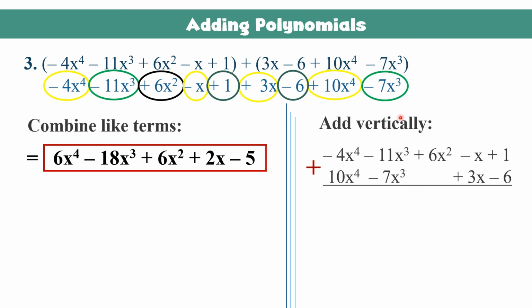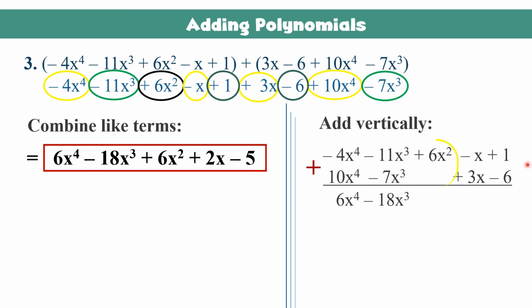Okay, so now we may proceed in adding them. Let us combine first negative 4 and 10. You will get positive 6 and copy x raised to 4. Then, negative 11 plus negative 7, both of them are negative. That's why you have to add. And we'll get negative 18. Copy x cubed.